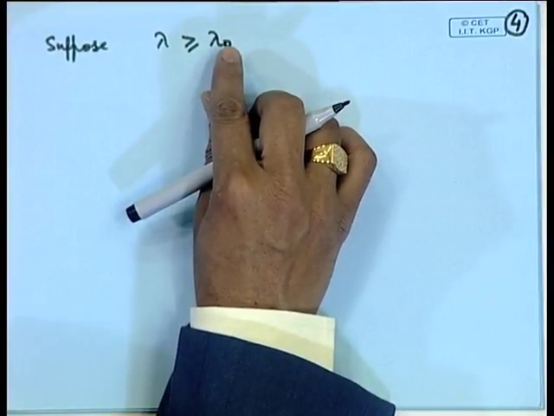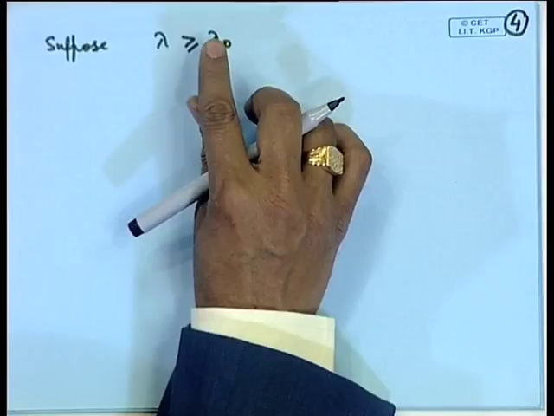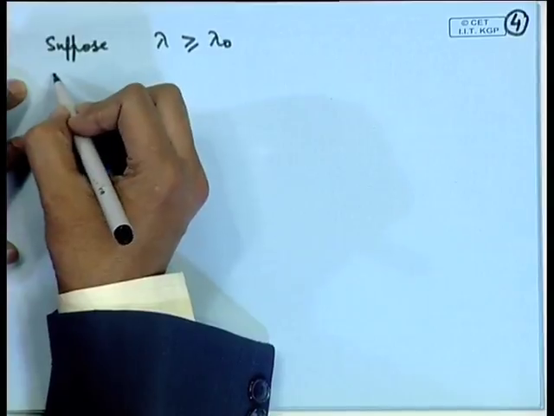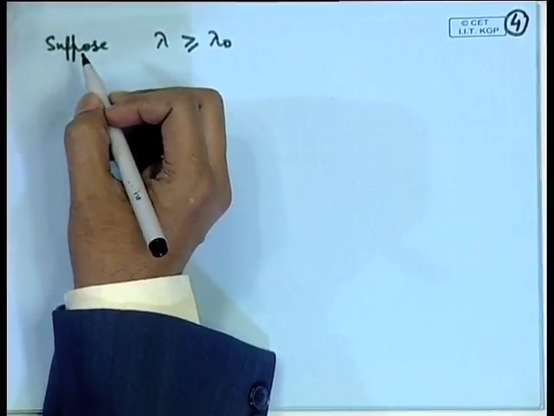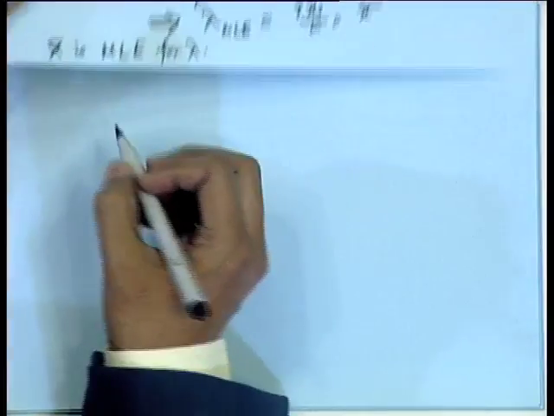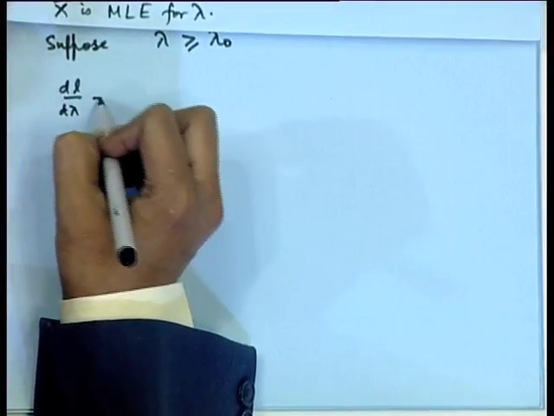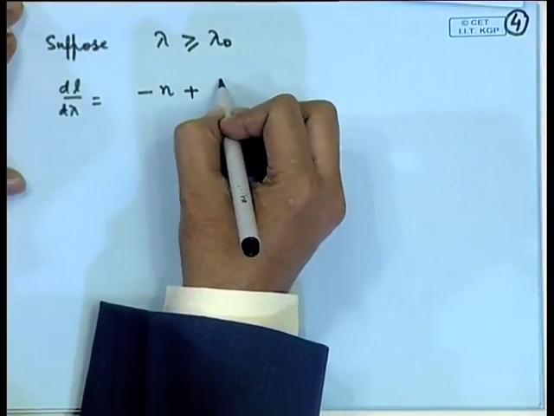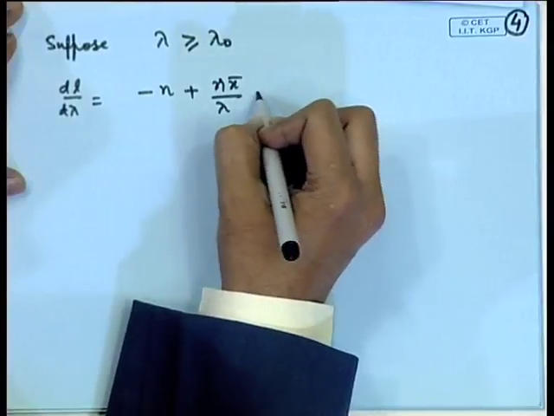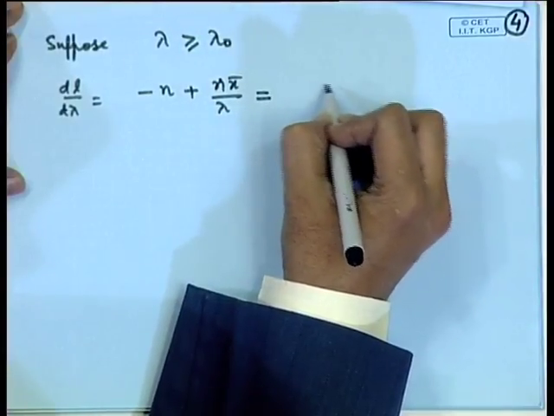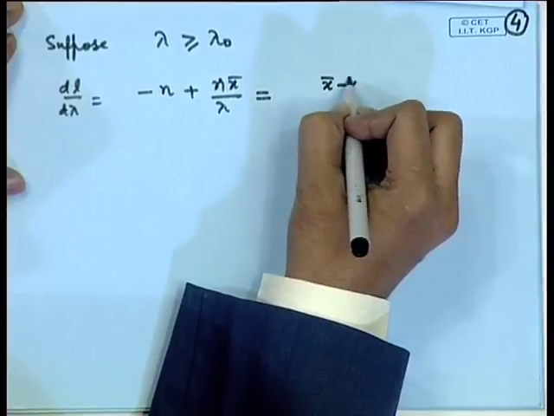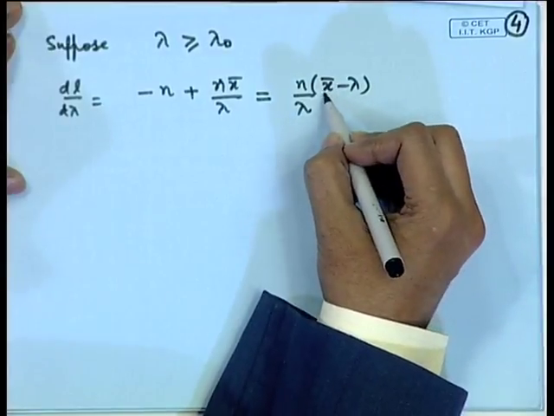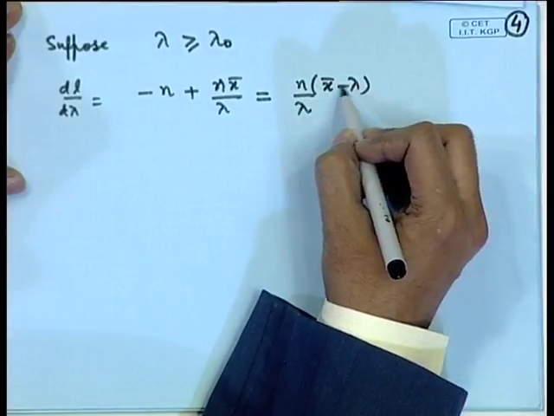In that case, this does not satisfy the property that the likelihood function is maximized over the parameter space. So, what do we do? Consider the behavior of the likelihood function. What we are getting is dL by d lambda equal to minus n plus n x bar by lambda, that we can write as n x bar by lambda minus n, that is n times x bar minus lambda by lambda.